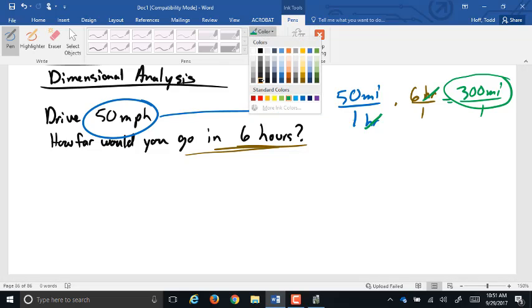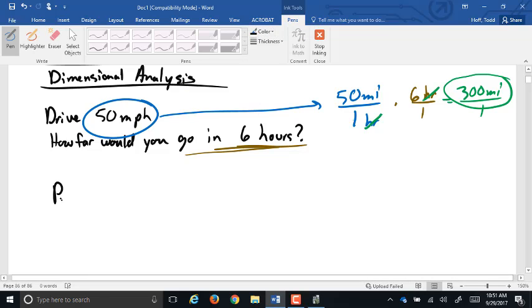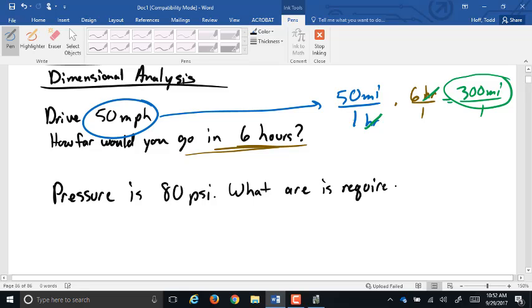If you're looking at a pressure, let's say your pressure is 80 psi. What area is required for 720 pounds of force?